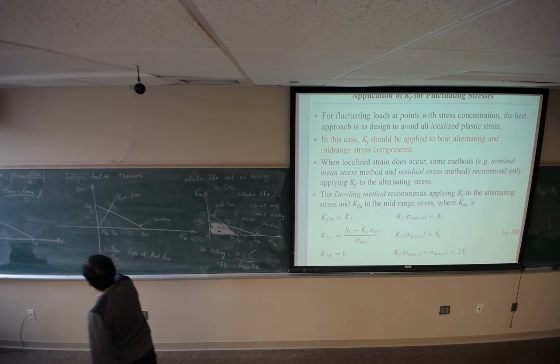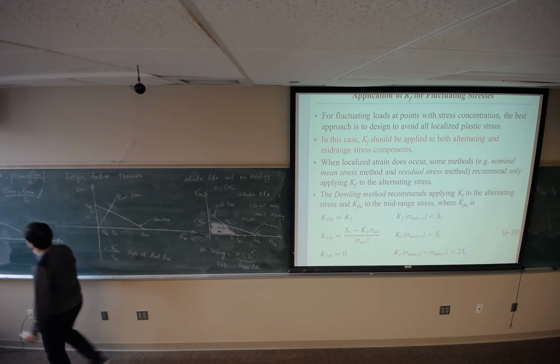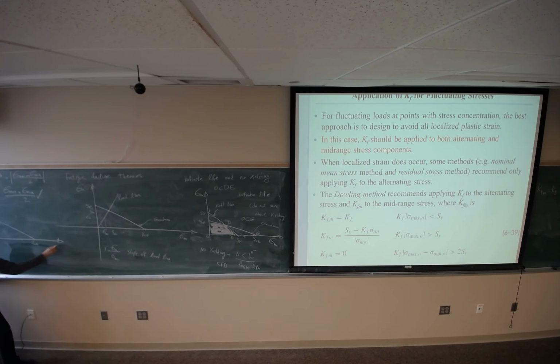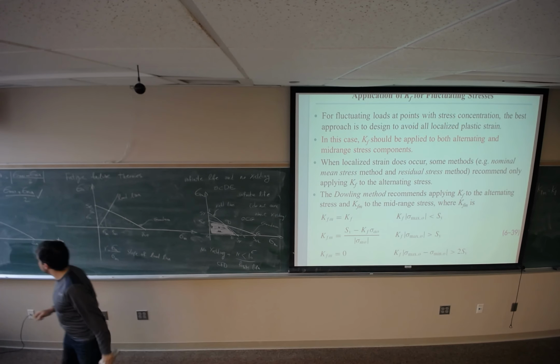So let me go back to the Goodman line and talk about this quadrant. In this quadrant, sigma A is positive, but sigma M is negative, meaning we have compressive mean stress. The Goodman line is going to have this line as a failure criterion. So when it comes to the negative side of sigma M, it's going to be a straight line.